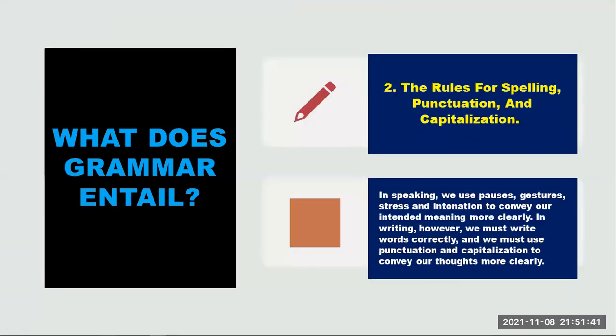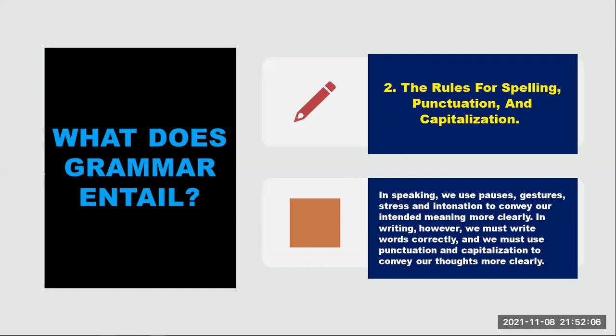Now, the second thing that grammar entails is the rules for spelling, punctuation, and capitalization. In speaking, of course, we pronounce words clearly. We also use pauses, gestures, stress, and intonation to convey our intended meaning more clearly.